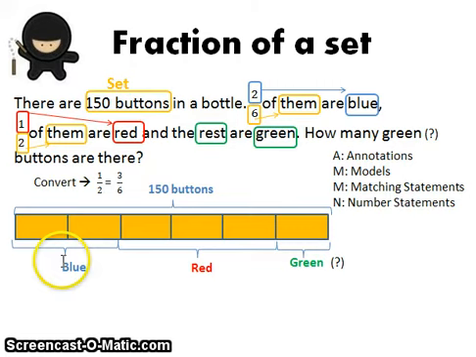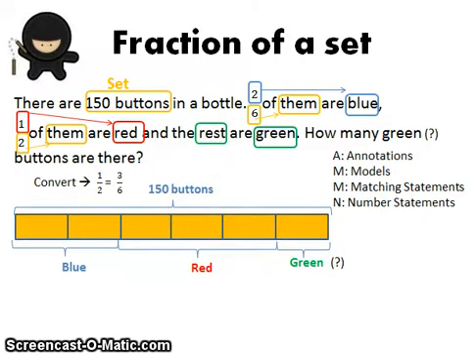Looking at this model, are we able to solve the question? Firstly, let's think, what is the information that we can work with? We have found out that there are actually 6 units in this model, and these 6 units are actually 150 buttons.